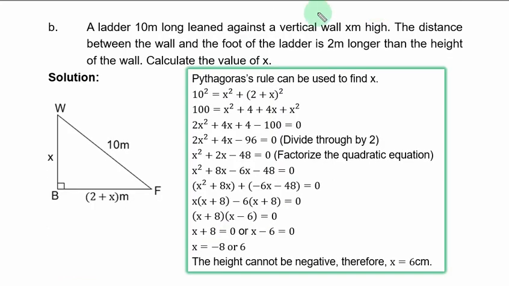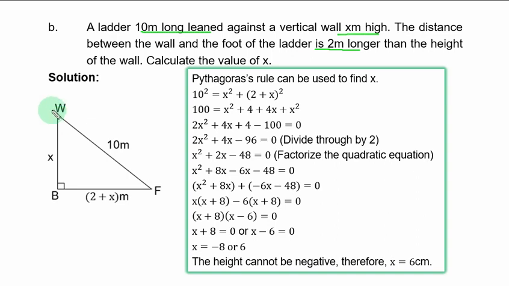Question 10b. A ladder 10 meters long leaned against a vertical wall S meters high. The distance between the wall and the foot of the ladder is 2 meters longer than the height of the wall. Calculate the value of S. Solution.